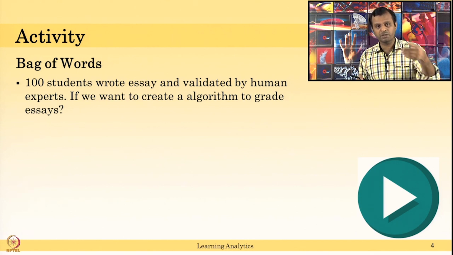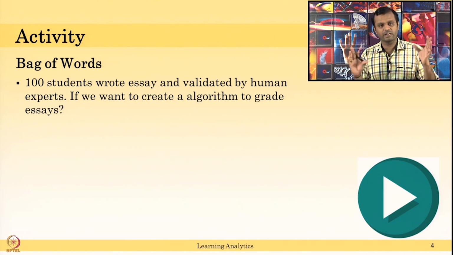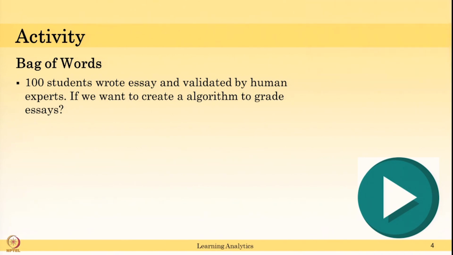So, consider what you learned in the previous slide, right. Can you use that knowledge to create an automated essay grading system? That is only the bag of words approach and similarity approaches. Can you think of it? Take a moment, think about it, write your steps, what you exactly do. After you do that, resume to continue.